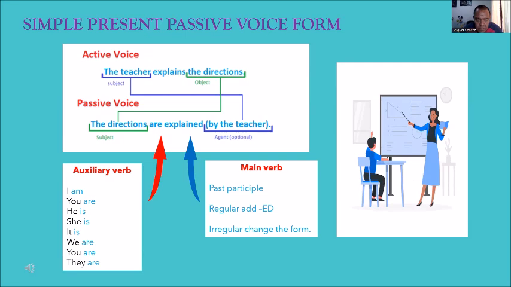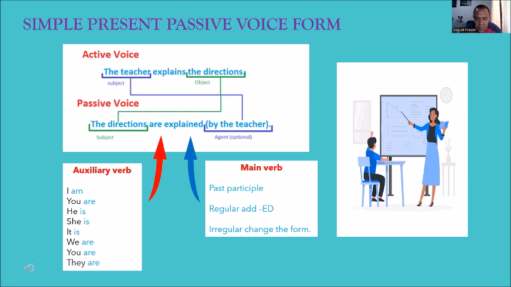It can be introduced by the preposition by to indicate who or what performs the action. However, the agent is not always necessary or included in the passive voice sentences. Look at the example in the table. The directions are explained by the teacher.